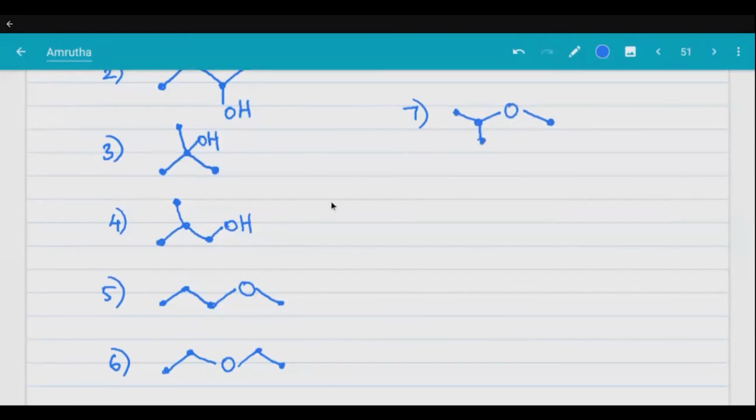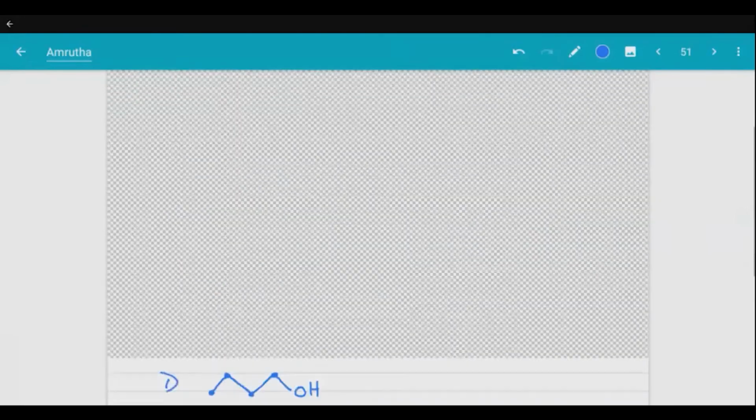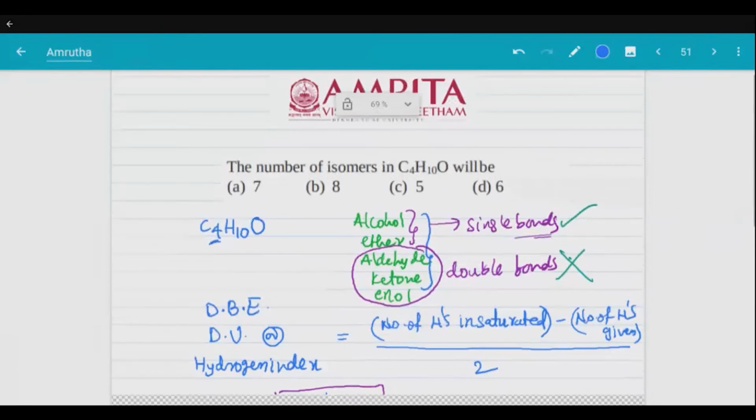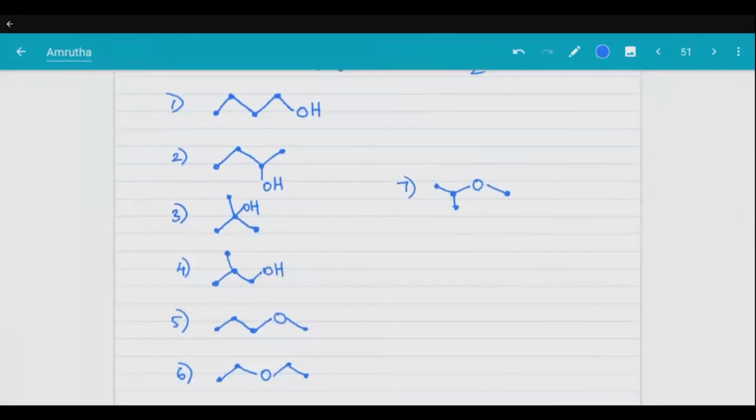So this is how you should write in a systematic way: the number of carbons on the left side and right side of this oxygen. So there are 4 alcohols, 3 ethers. So we should get 7, right? Is there any 8th possibility? Do we have any other possibility? Just check. 8 is also one of the options.